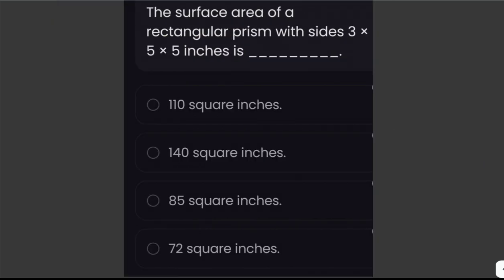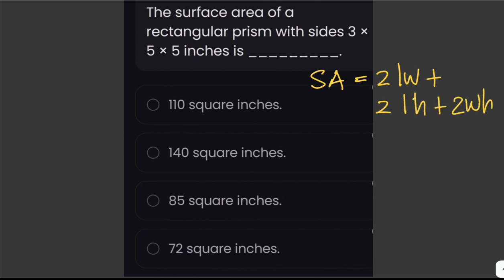The surface area of a rectangular prism with sides 3 by 5 by 5 inches is? Okay, now we can use the formula in solving for the surface area of a rectangular prism, which is just equal to 2 times length times width plus 2 times length times height plus 2 times width times height.